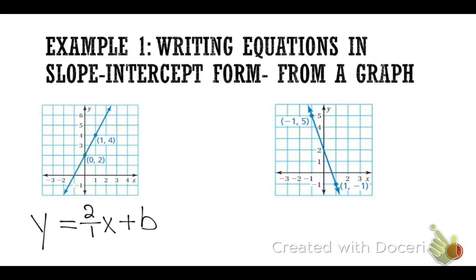So at what y value does the line intercept the y-axis? 2. Up here at a 2. So instead of a b, I'm going to write a 2 because that's my y-intercept. All right? And if it had been negative, I would just change it to a minus. Okay?